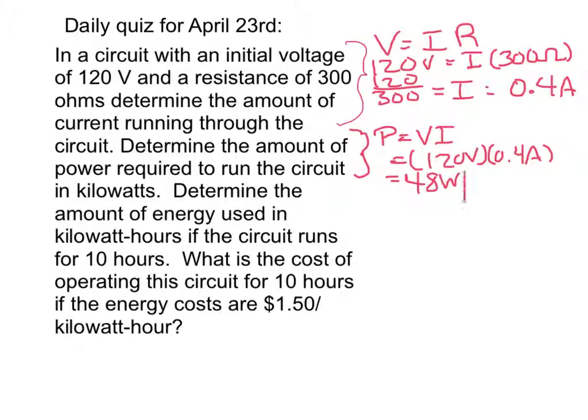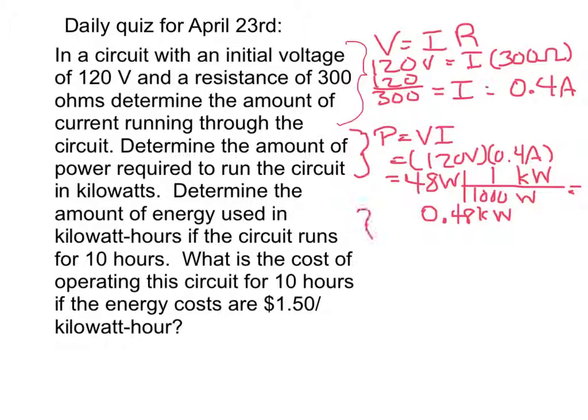But then we need to change that to kilowatts. 1 kilowatt is 1,000 watts, so 48 divided by 1,000 is 0.48 kilowatts.